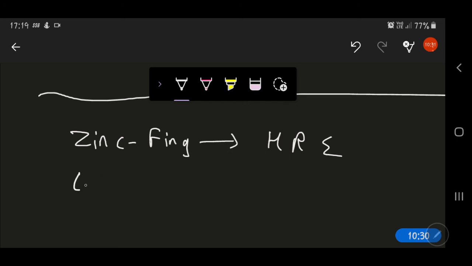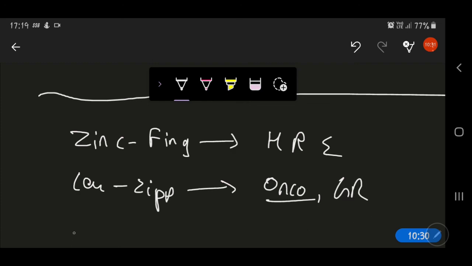In the case of leucine zipper motifs, there is regulation of oncogenes and growth regulators. In the case of the helix-turn-helix motif, there is regulation of structures of embryonic development.